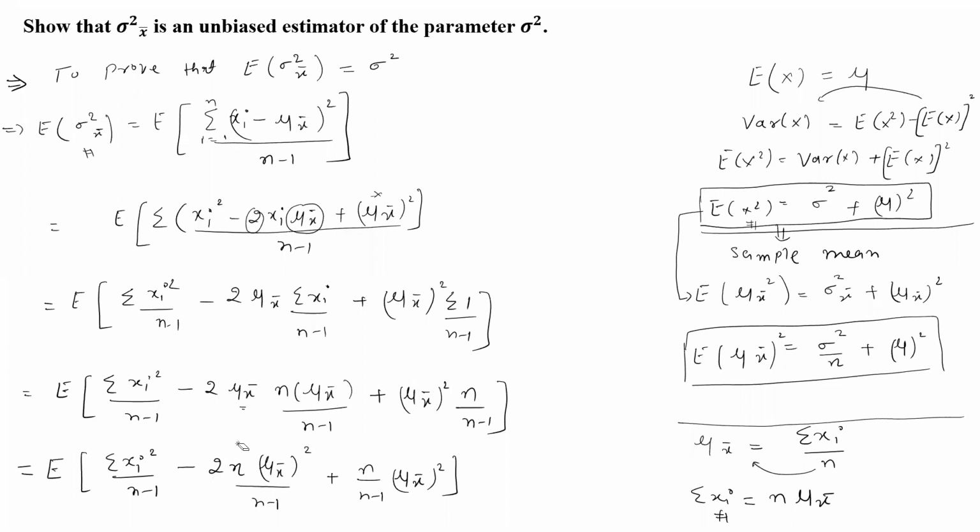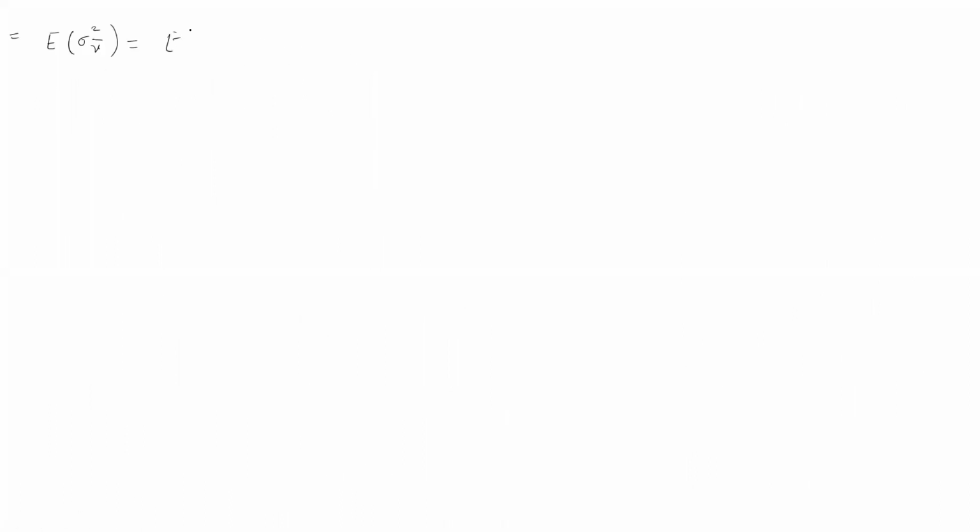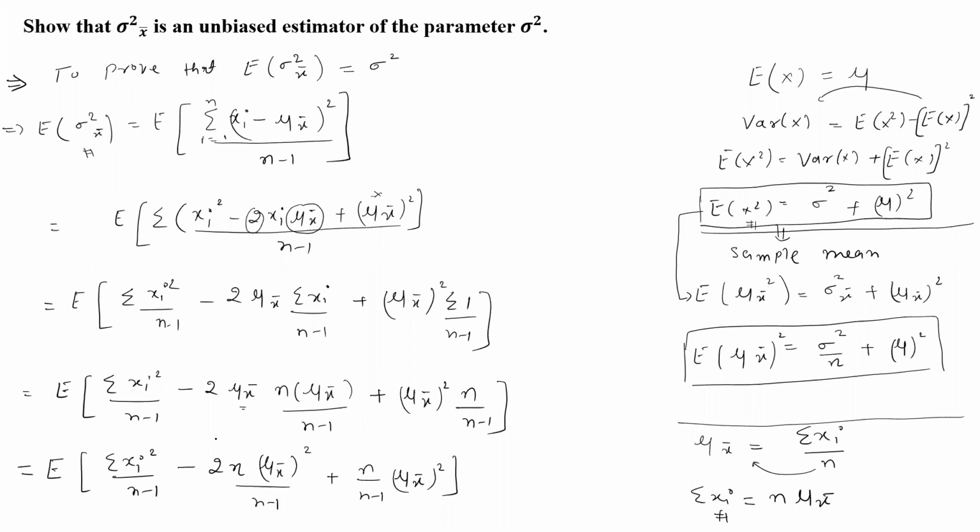All right. So I will take this to the next slide. So this will become the expectation of sigma square x bar, what we have. This will be expectation of summation of xi square divided by n minus 1, then minus 2 plus 1.